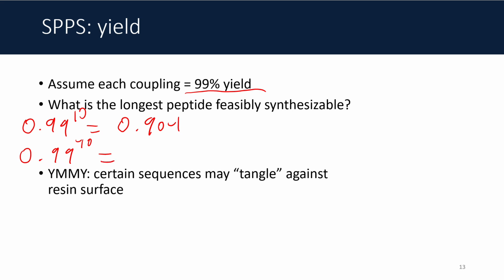But can we make it with solid phase peptide synthesis? Survey says 0.99 to the power of 40 equals 0.669. Said another way, the overall yield is 66.9%.